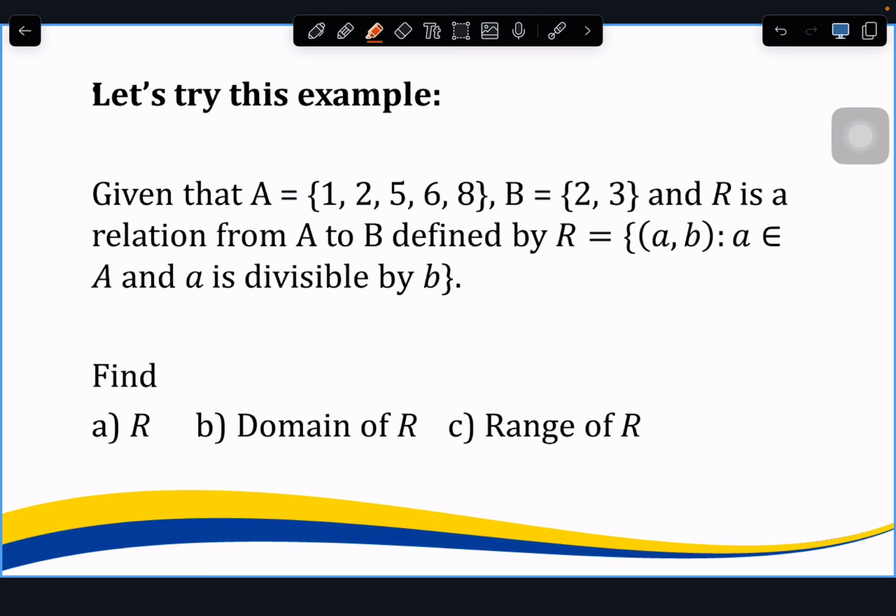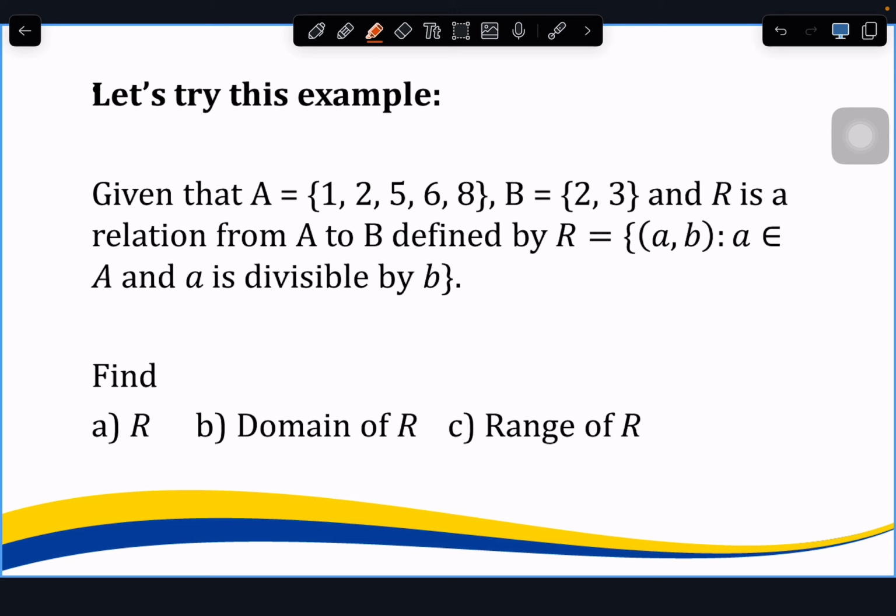What is our function in this example? Which one is our function? R is our function.